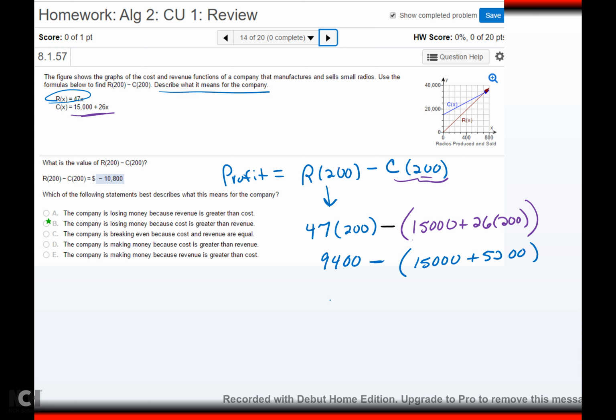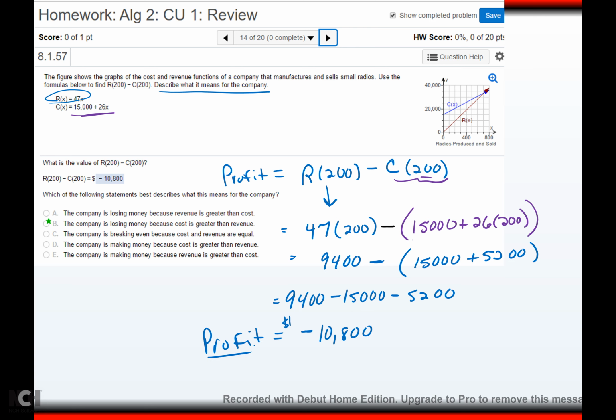So when I distribute that negative, I get 9,400 minus 15,000 minus 5,200, which gives me a grand total of negative $10,800. So their profit is not very good.